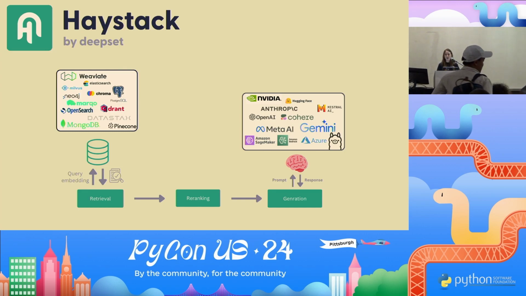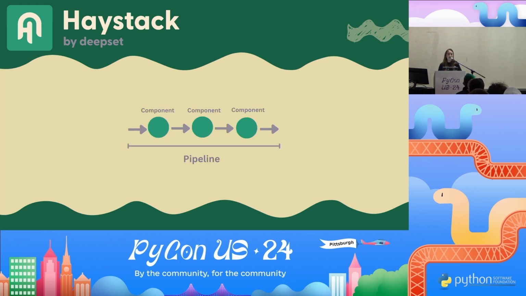We're talking about steps that each do something to data and then forward that data to the next step of your AI application. So what we call this is a pipeline, and a pipeline is a component forwarding data to the next component. This is really what Haystack is based on.